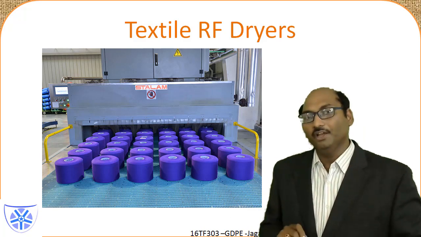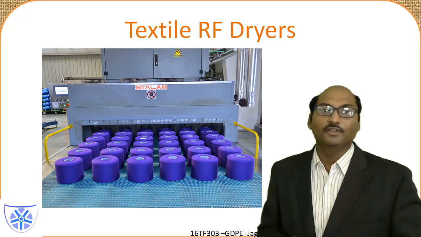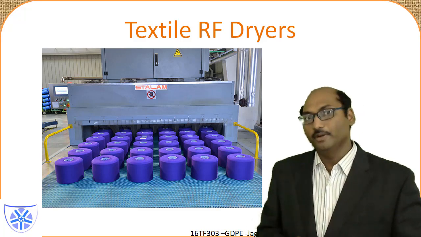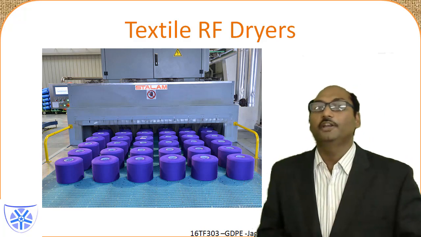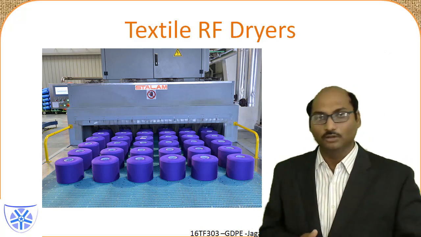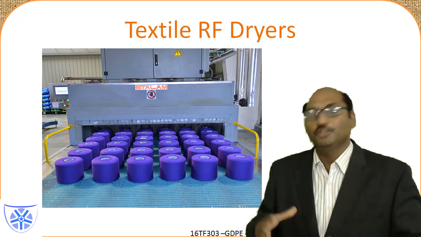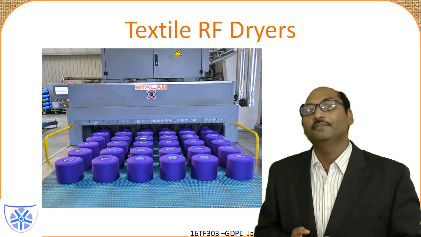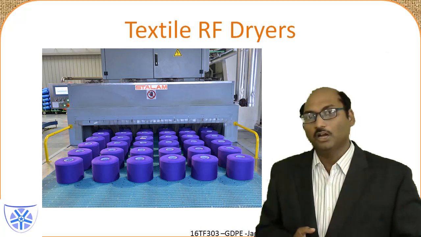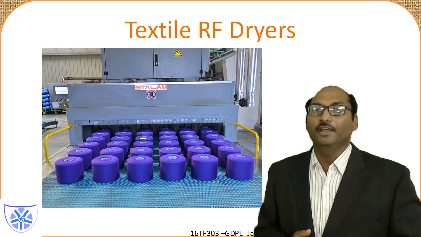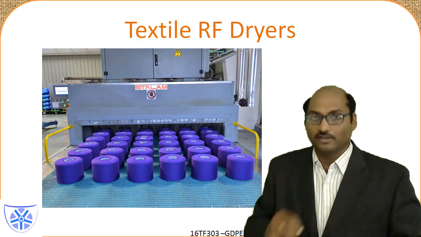But for garment dyeing, it can be avoided. A simple tumble dryer may come in handy with 2 lakhs to 5 lakh investment, whereas an RF dryer comes with an investment of 35 lakhs to 1 crore. Since garment dyeing machine setups are comparatively inexpensive, people are not recommending RF dryers in garment dyeing industries as of today.